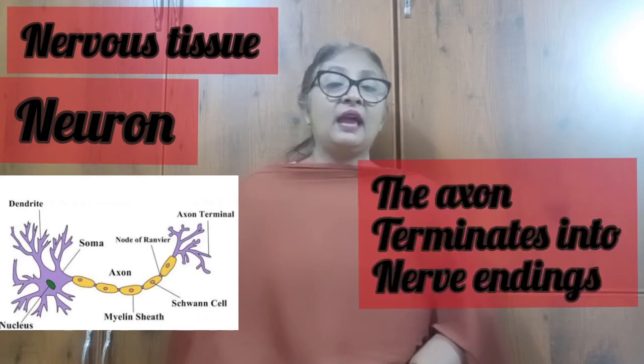Now, between the two neurons is present a gap known as synapse. The nerve impulses travel through the cyton, axon and reach the nerve endings.